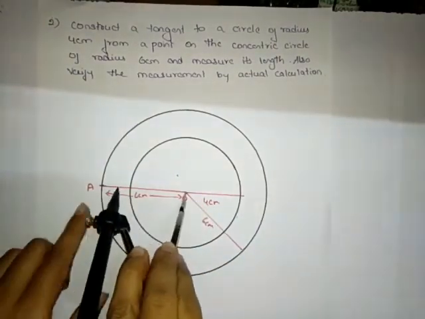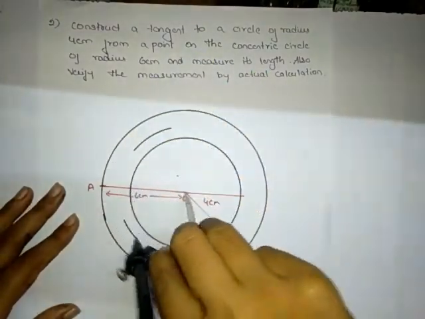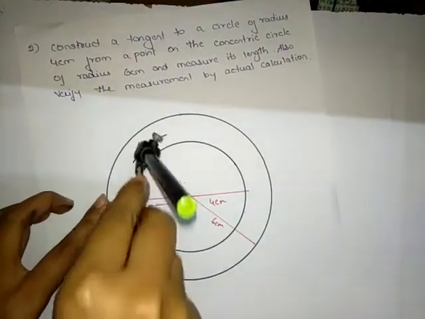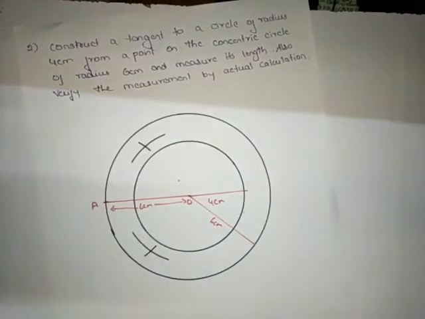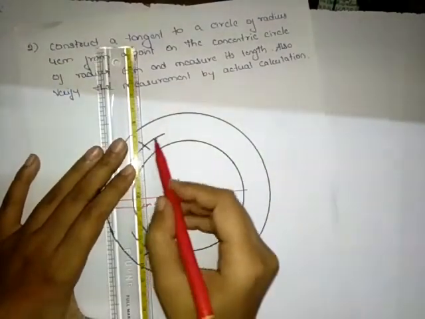We'll take more than half of the line segment AO and we'll draw arcs here and here also. Next we'll join those two points of intersection to get the midpoint of the line segment OA.